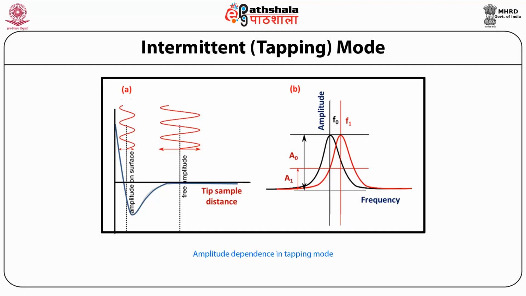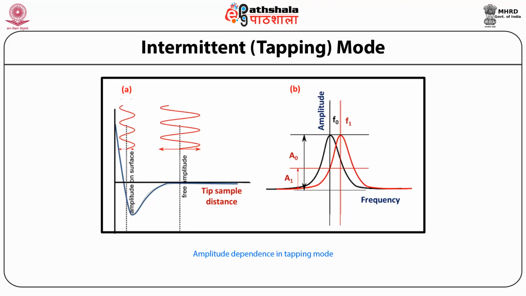The probe lightly taps on the sample surface during scanning and contacts the surface at the bottom of its swing. By maintaining a constant oscillation amplitude of 20 to 100 nanometer during scanning through an electronic feedback loop, a constant tip sample interaction is achieved and an image of the surface is captured.